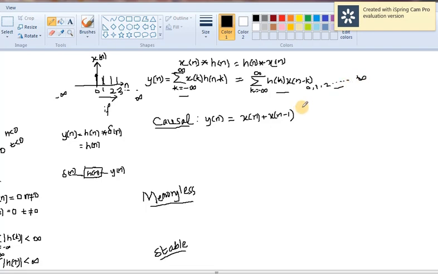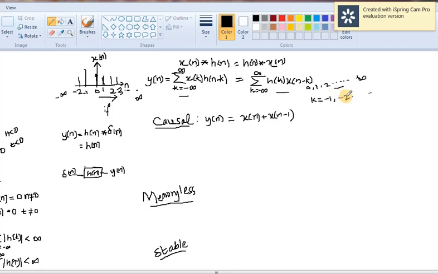Now, if the value of k becomes -1, -2, -3 and so on, I mean, if x of n starts having samples at -1, -2 and so on, then we start getting terms like x of n plus 1.